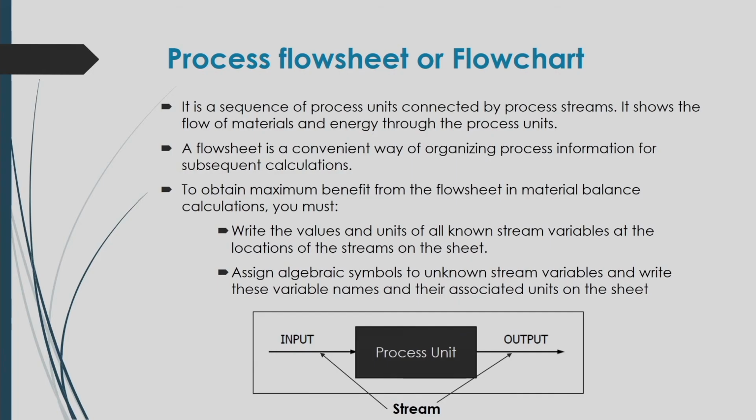Now, to do the material balance, you have to draw the process flow sheet or process flow chart, where you represent the whole process by a sequence of process units connected by process streams.